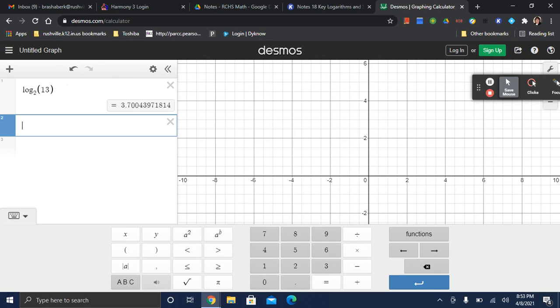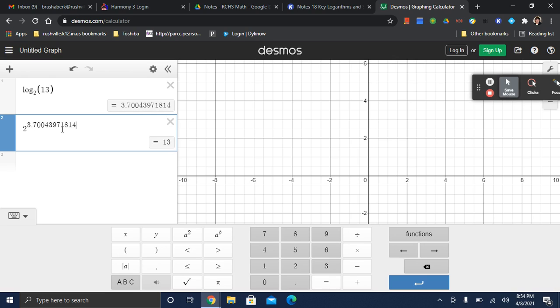So the original problem was 2 to a power. So if we did 2 to this power of 3.700439718114, we would get that 13 that we were looking for.